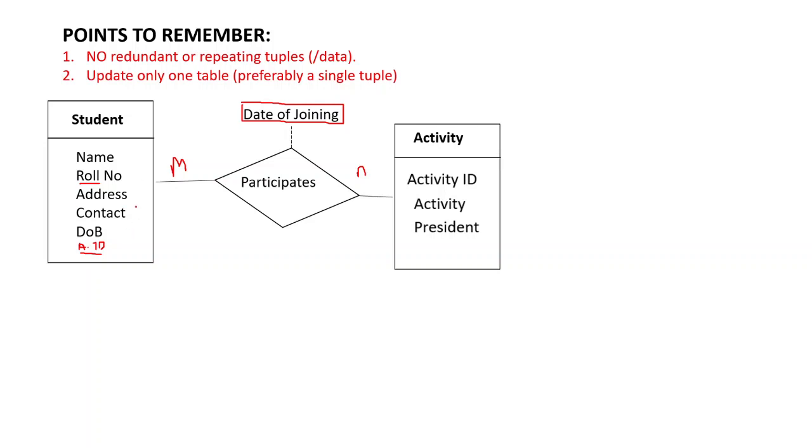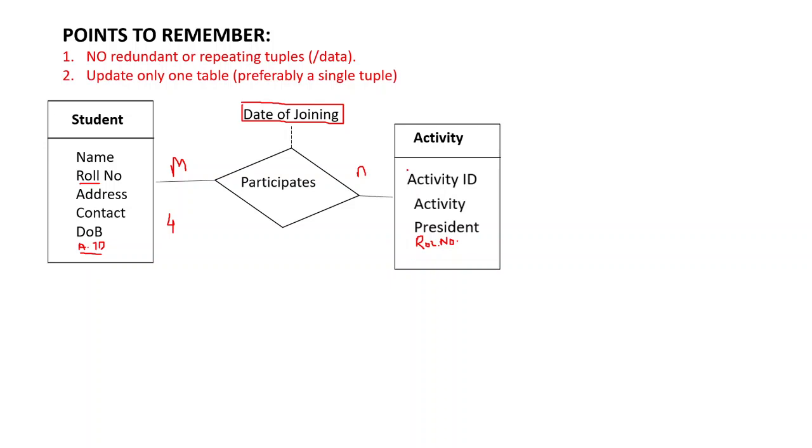You have to introduce 4 tuples in the student relation in place of 1, and then you are introducing redundancy, because this information will be the same and only this column will change. Now, if I try to introduce roll number in this activity table, then for every student you have to introduce one tuple.